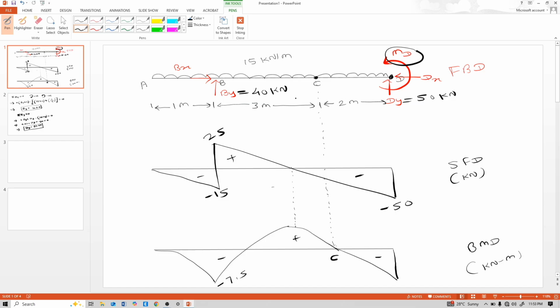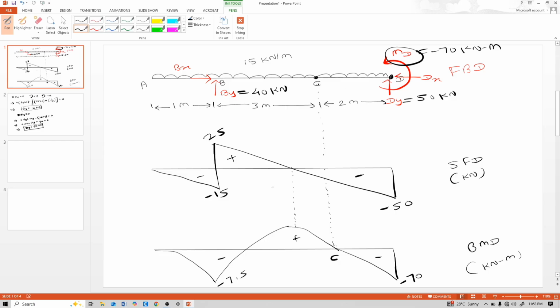Minus 15 into 6 into 6 by 2 is minus 270 and positive 40 into 5 is 200, so minus 70 minus M_D. So M_D is equal to minus 70. So this M_D is minus 70 kilonewton meter.